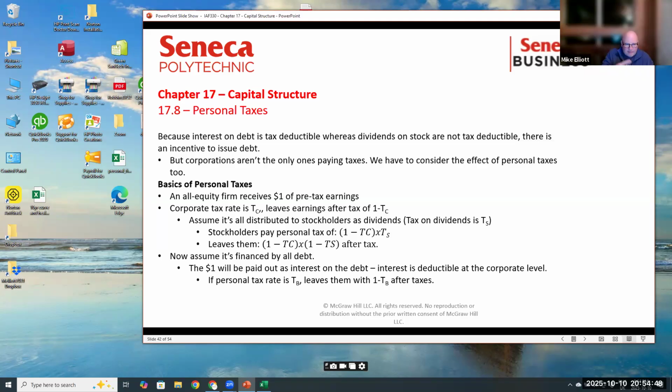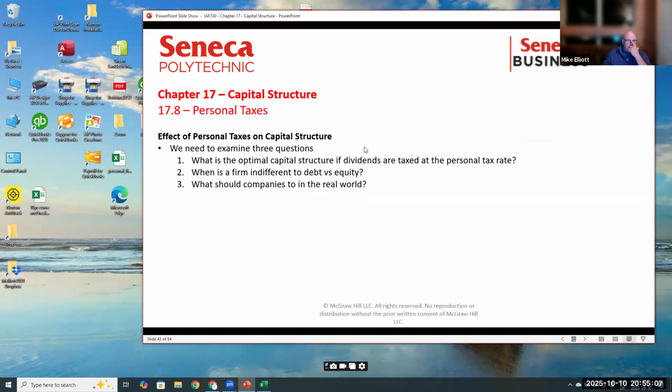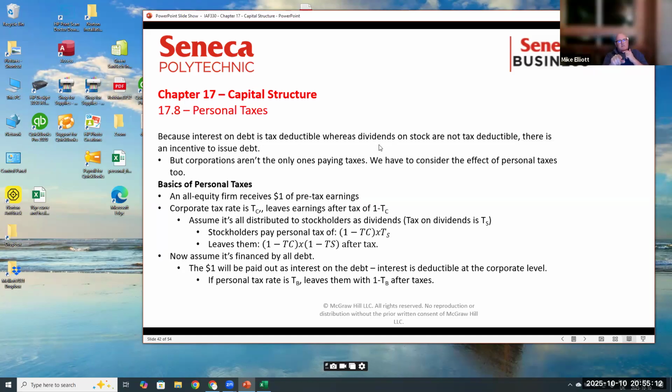If it's all financed by debt, though, the $1 has to be paid out of interest on the debt. The interest is tax deductible at the corporate level. So after personal tax, bondholders keep 1 minus the personal tax rate on the bonds. You can see that there's a difference in tax rates.